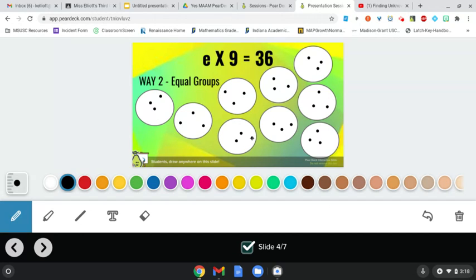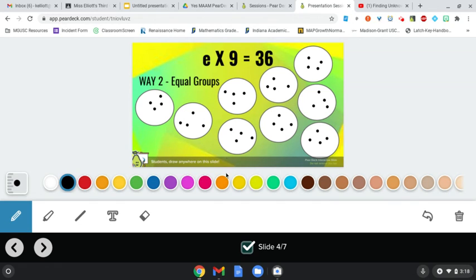As you can see there, I almost lost track of where I was. So that's one of the downsides of equal groups. 28, 29, 30, 31, 32, 33, 34, 35, and 36.